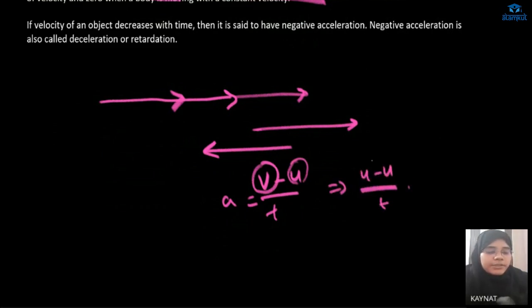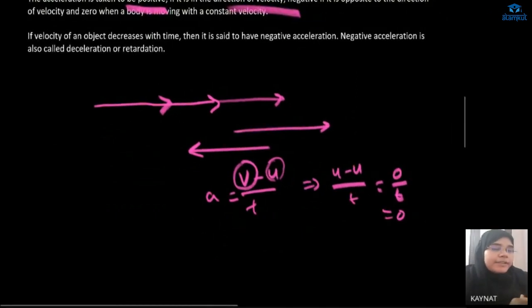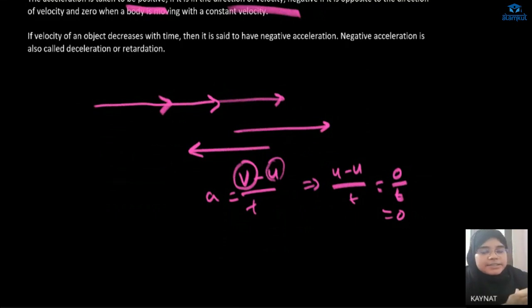U minus u by t. U minus u will be zero. Zero by t will be zero. So acceleration would be zero if there is no change in velocity. When the acceleration is positive, we say acceleration, and when it is in the negative direction, we say deceleration or retardation, or you can also say negative acceleration.